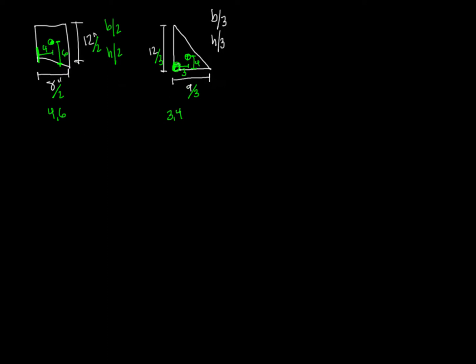Now, what I want to show you is if I take that same triangle and flip it into a different orientation, same distances, how do your answers change? So 9 and 12, we're going to divide the 9 by 3, and the 12 by 3.